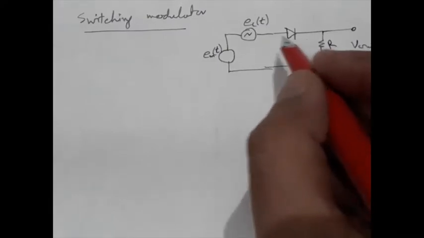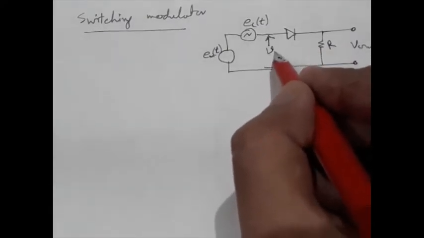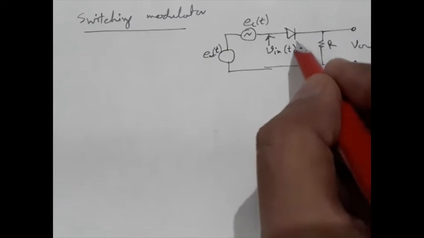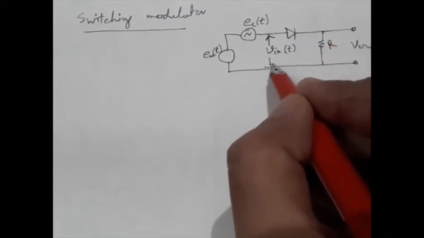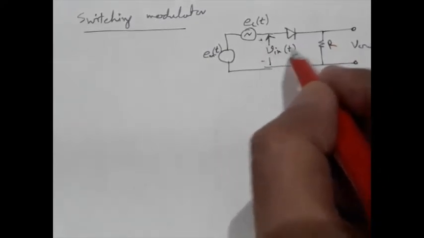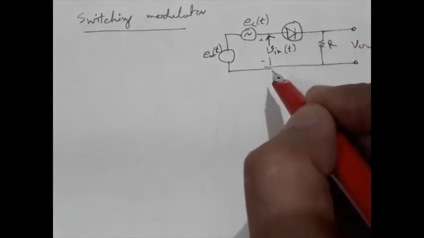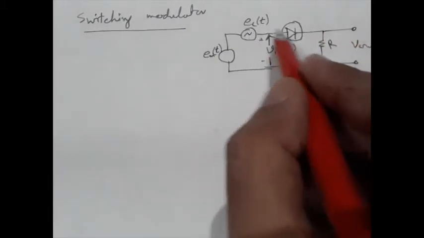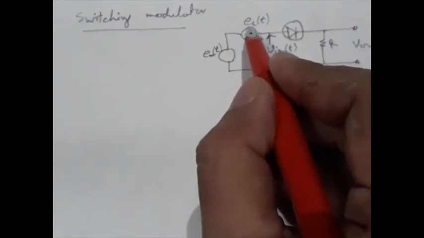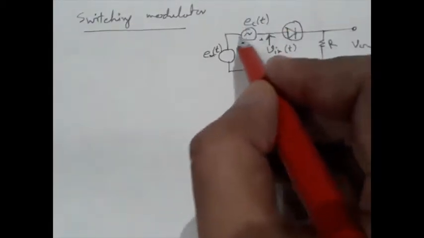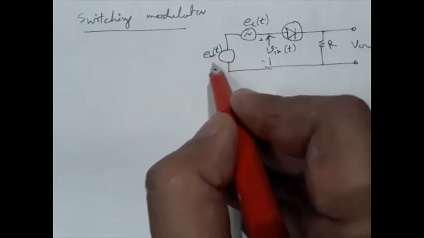So the basic modulator is this diode. At the input of the diode, we have the carrier and the baseband signal.